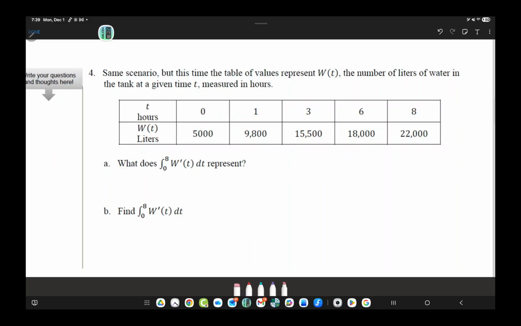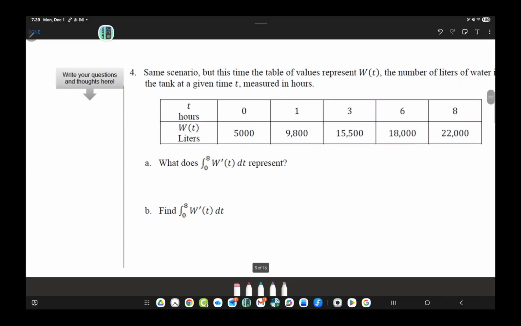So this is not a rate. But what does the integral from 0 to 8 of W prime of t represent? This function is not a rate, but W prime of t is a rate. This is the integral of a rate function, so it's the same answer.